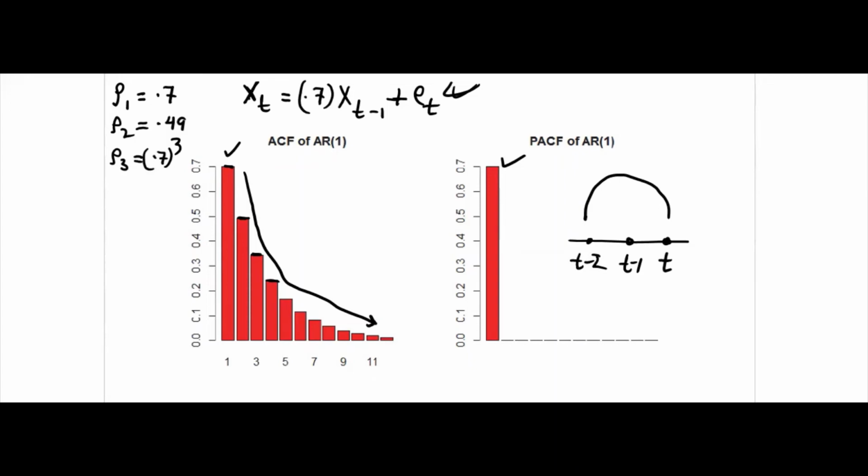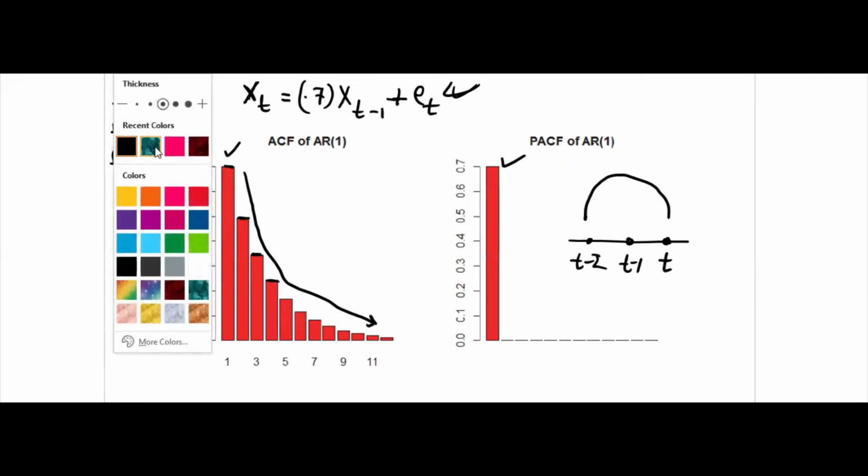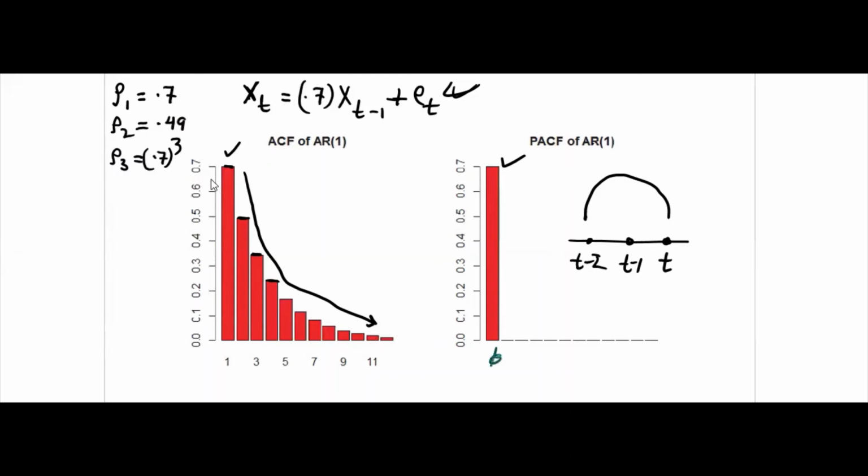I am talking about AR1. I am not talking about ARP. These are the graphs of AR1. So if you see AR1, you will have only one, and the notation is phi 1 here. Phi 1 is equal to rho 1. Phi 1 and rho 1, they are equal.